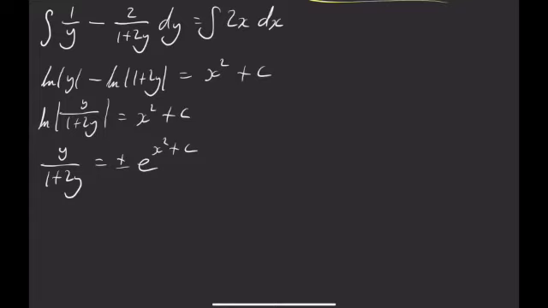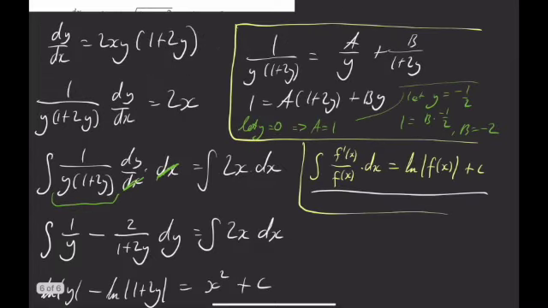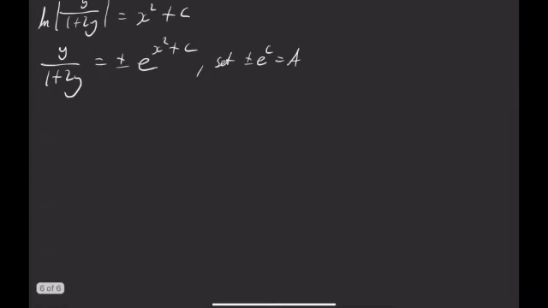Now, just because this is a bit untidy, I'm going to set plus or minus e to the c, which is constant, to be the pronumeral a. That's a different a to this one up here. But a is a nice pronumeral to use. You can use a different pronumeral if you like. So I get y over 1 plus 2y equals a e to the x squared.